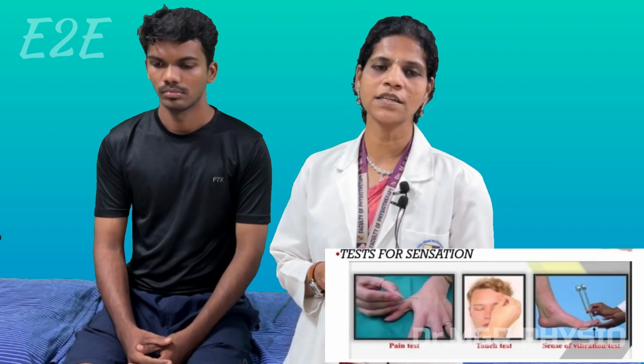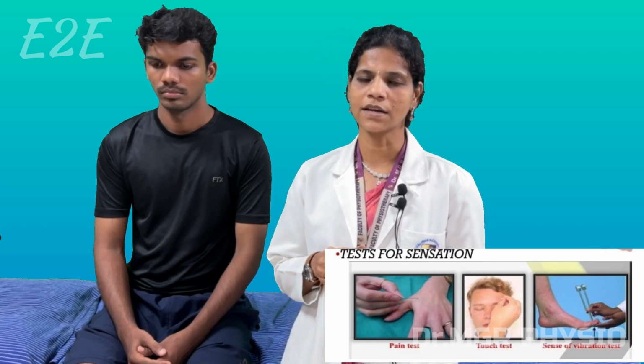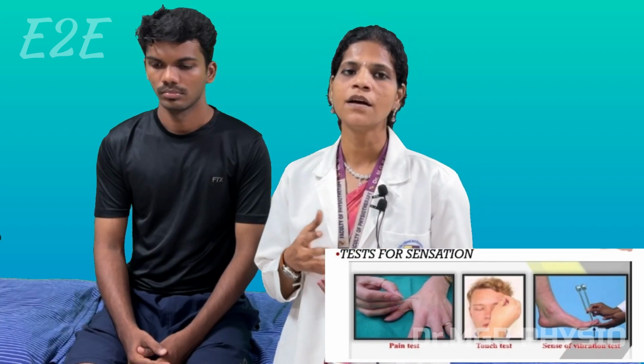So the next test will be the test for sensation. In sensation we have two types, primary and cortical. In primary we have touch, pain, vibration and temperature, and in cortical we have stereognosis, graphesthesia, 2-point discrimination and localization. These receptors are present throughout the skin, and in the joints we also have mechanoreceptors.